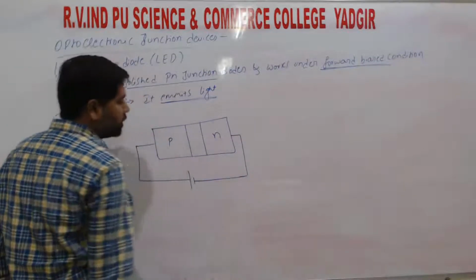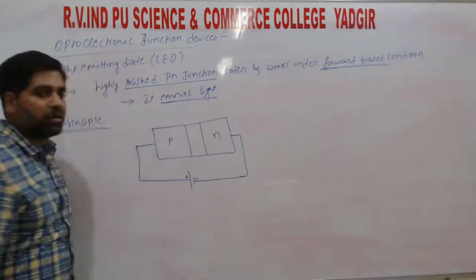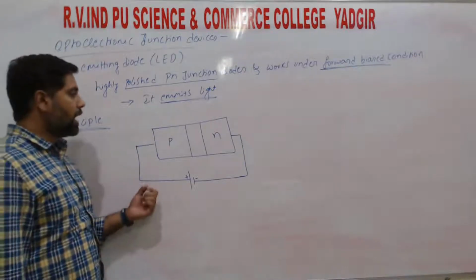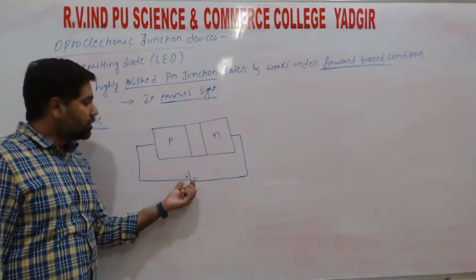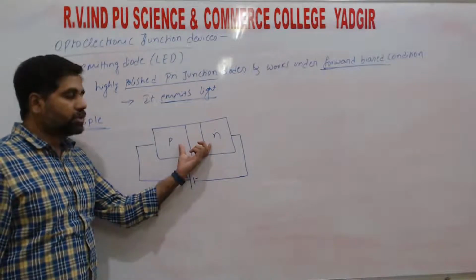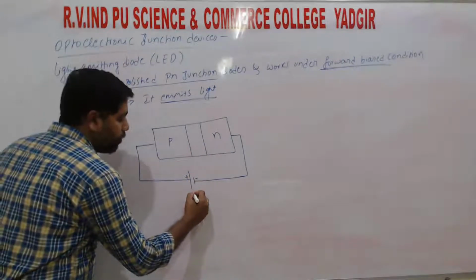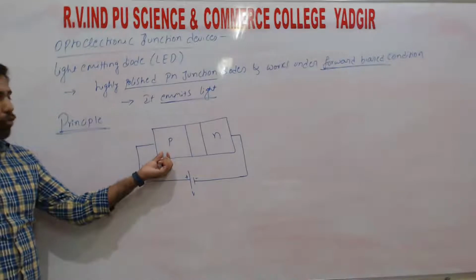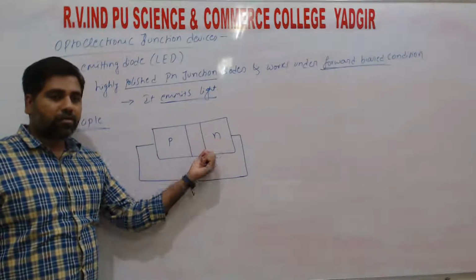That means P is positive and N is negative. This is the junction.